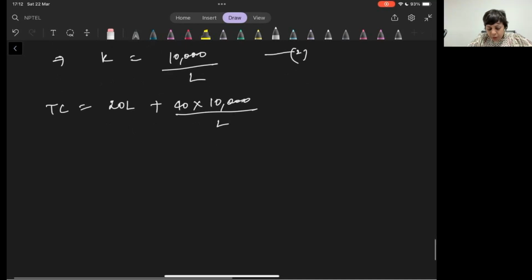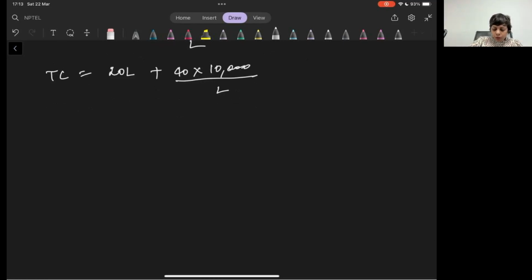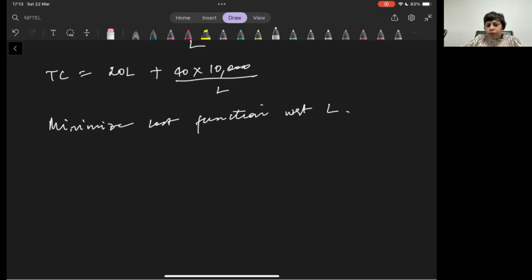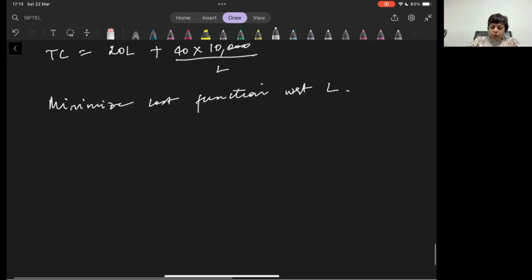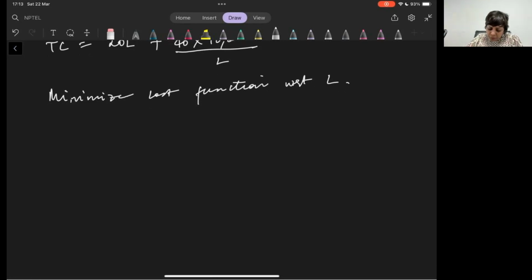Now we have total cost in terms of one variable, which is L. For cost minimization, we need to minimize this cost function with respect to L. So let me write this: minimize the cost function with respect to L. This is the only variable right now, so we don't even have to take a partial derivative.